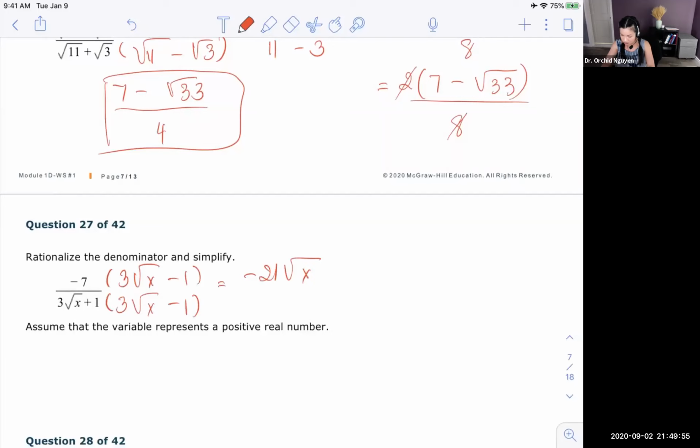Negative 21 radical x plus 7. On the bottom, we have 9 times x minus 1. And as you can see, we can't really simplify anything, so I'm just going to stop here.